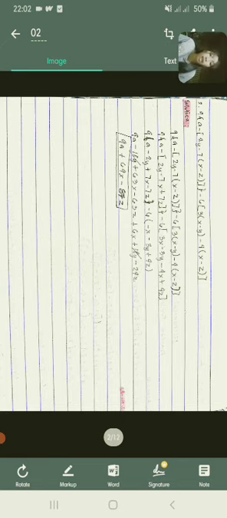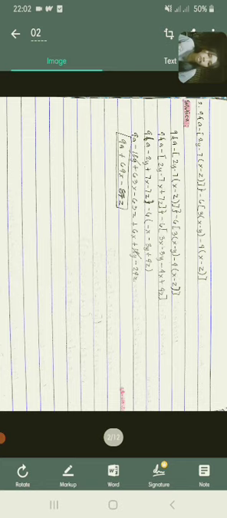So we collect like terms. 9a has no like term, so we copy it. Negative 18y plus positive 18y, we cancel it because they are the same.